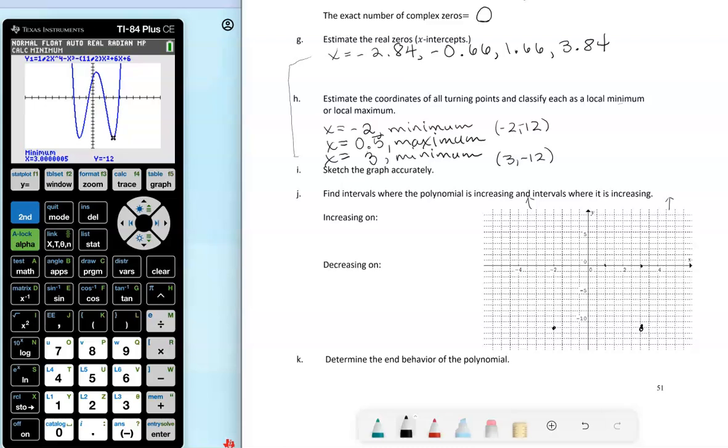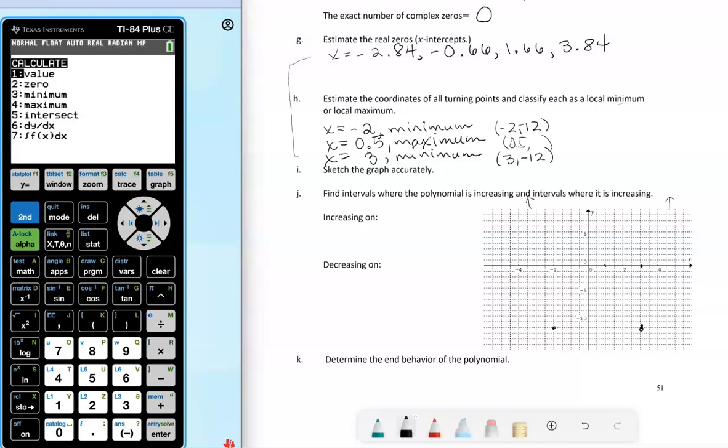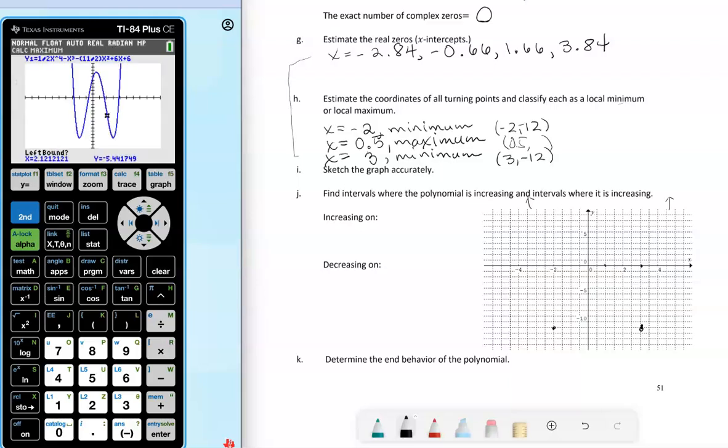is right here. And then the maximum, I failed to grab the y maximum, so let me go get that. So once again, second trace, max, number 4, coming in from left to right, left bound, right bound, enter.